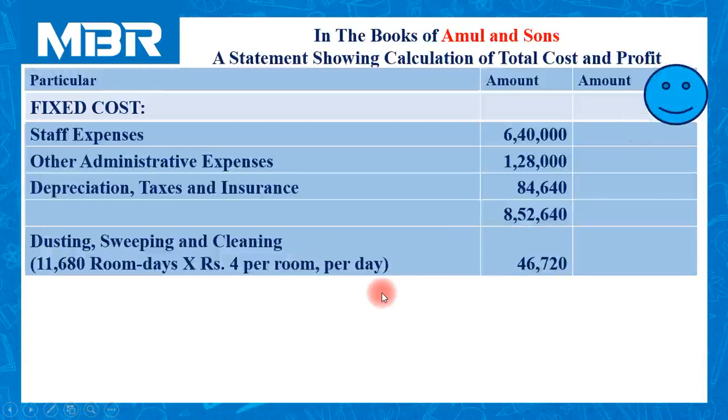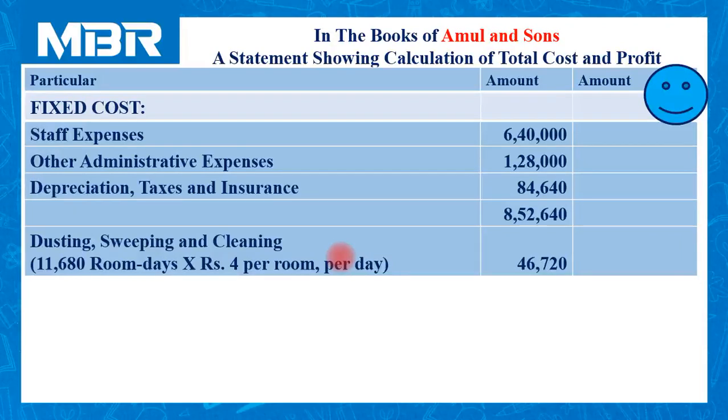So we need to pay expenditure on dusting, sweeping and cleaning for the whole year at the rate of 100%, 11,680 room days at the rate of rupees 4 per room per day. You can consider rupees 4 as one kind of fixed expenditure per room per day. Per room per day expenditure is fixed, whether rooms are busy with the guest or not.